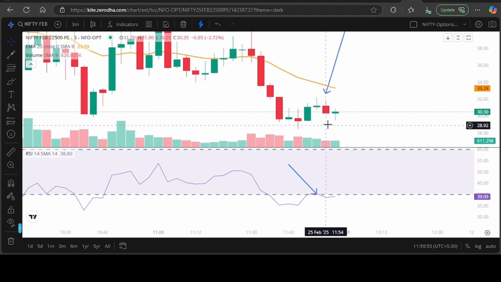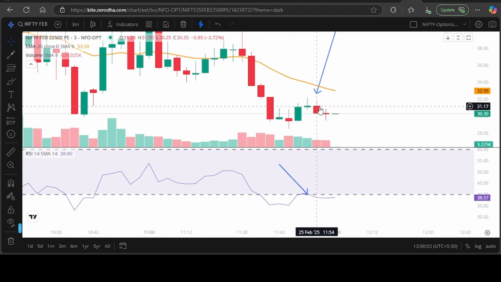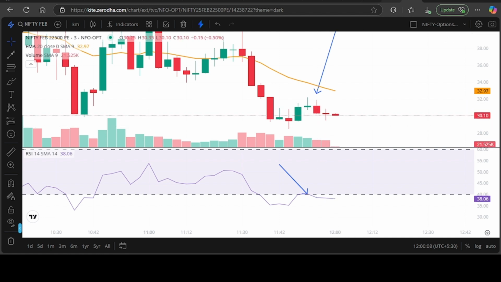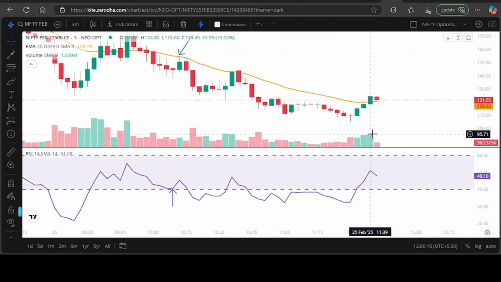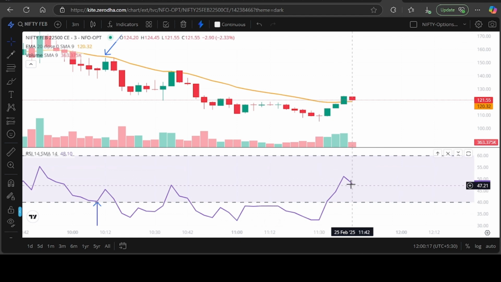Body is big. I don't see two wicks up and down, I mean two equal wicks. Otherwise the body was good. Just the wicks are missing. Let's go back to the call side and check it out. No setup yet.